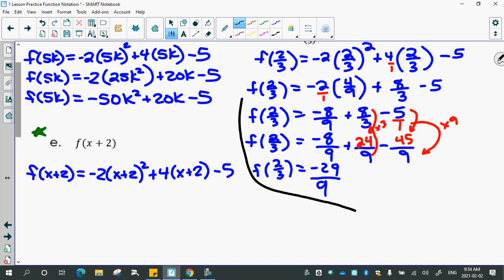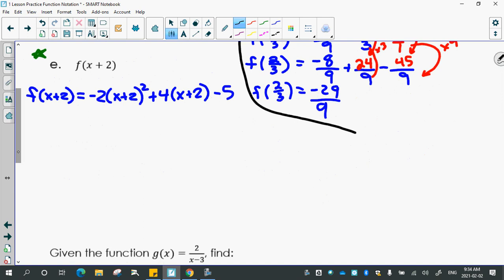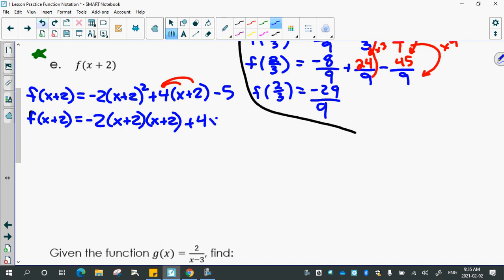Okay, so when you're doing this one, on my first time through, I would just expand, so I'd write that as x plus 2 times x plus 2. Here, you can do the distributive property there and get plus 4x plus 8 minus 5.